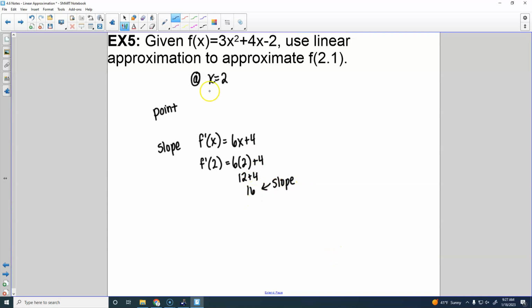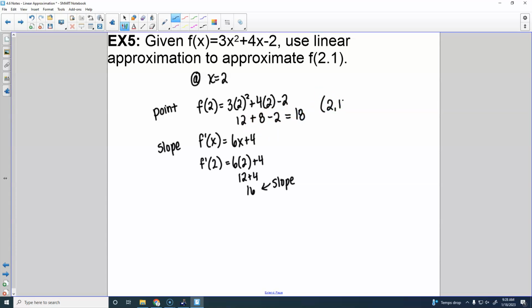We also need our point. Paul, how do we find that point of tangency? 2 into the original, so we've got f of 2 would be 3 times 2 squared plus 4 times 2 minus 2. That's going to give us, do your exponents first. 2 squared is 4. 4 times 3 is 12 plus 8 minus 2. So that's going to give us 18.